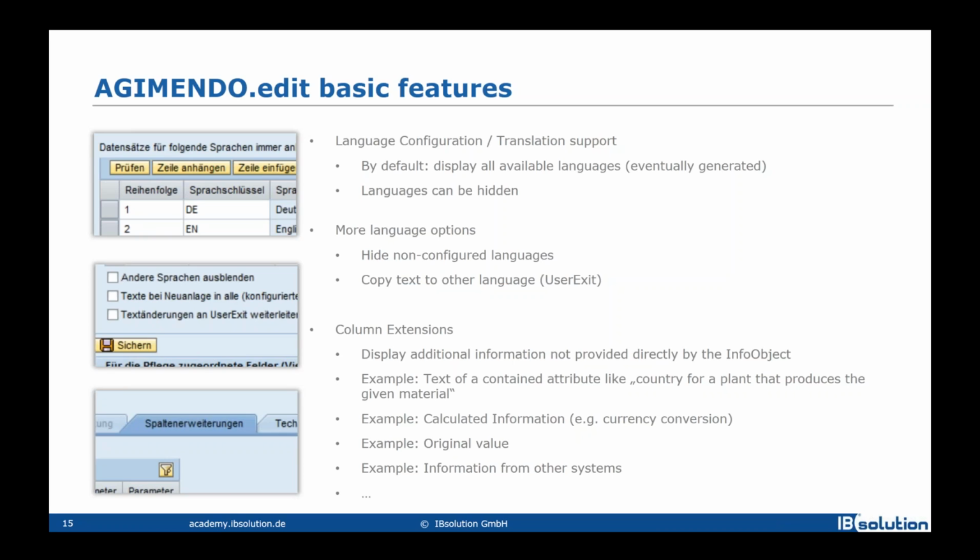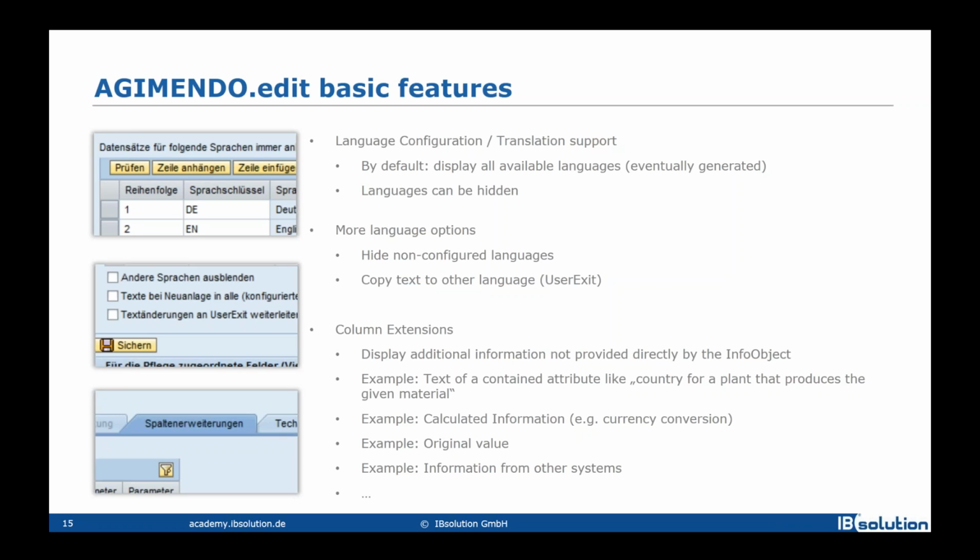Yes, you also have the possibility to configure the column extensions. We will see later what they are. Simply put, a column extension is a column that doesn't exist in the master data table, and that we add in order to get more information.